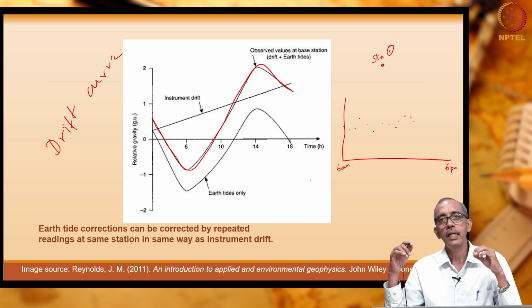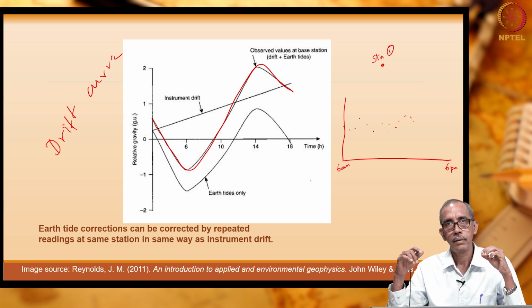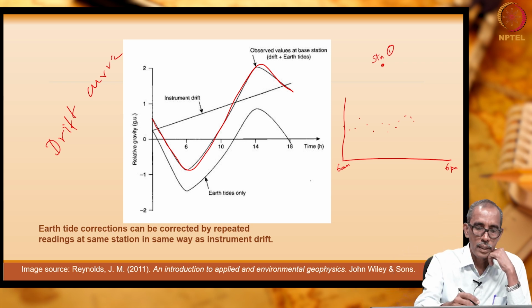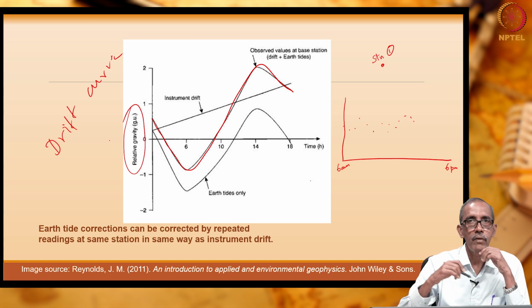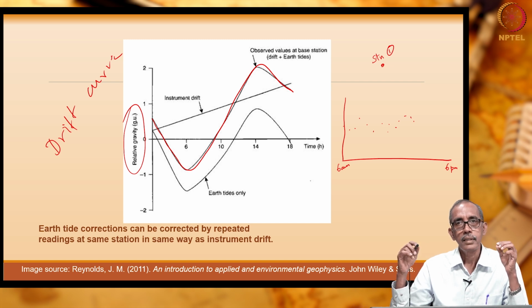Why is there a variation in the value of the G we are measuring? Here we are showing you the relative gravity value. Relative gravity value varied from one time to another, because with change in time, the gravity value varies due to the changes in the location of the sun and moon, and also due to the problem within our instrument.